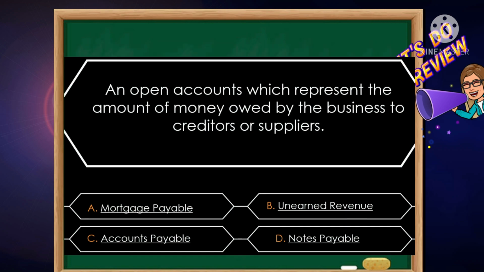And let's move on to our last statement. It asks you to identify a terminology that is referred to an open account which represents the amount of money owed by the business to creditors or suppliers. Is it A, mortgage payable, B, unearned revenue, C, accounts payable, or D, notes payable?